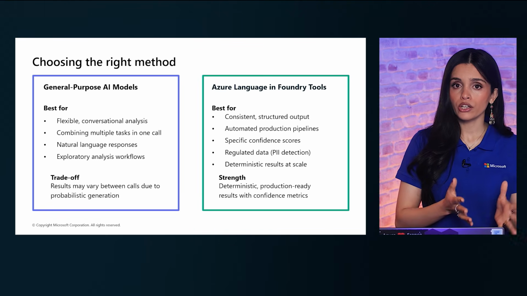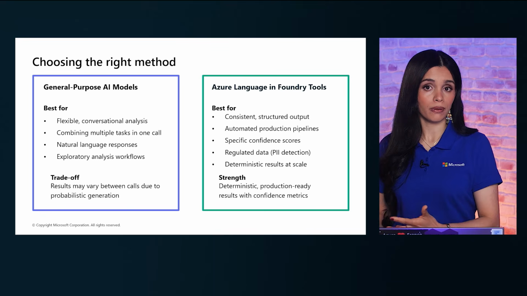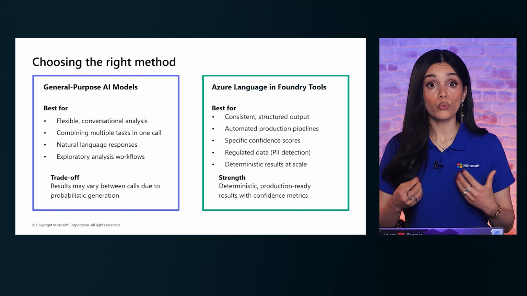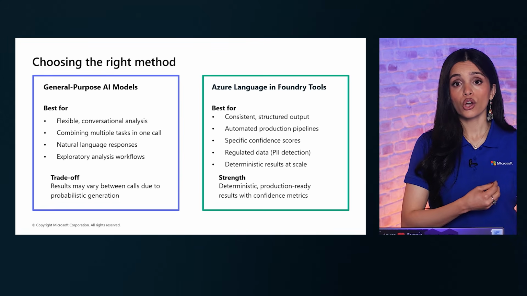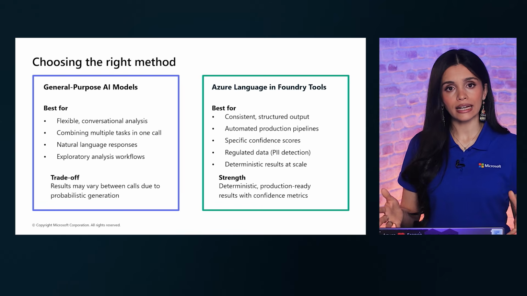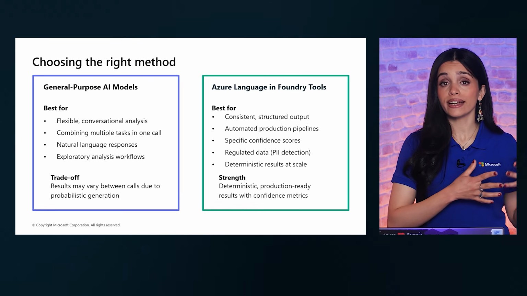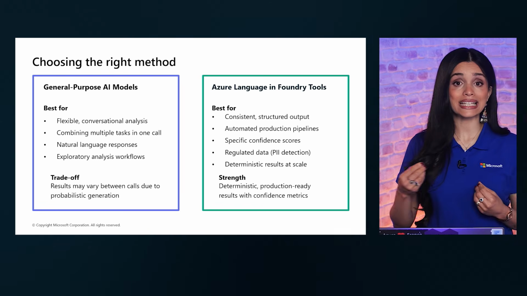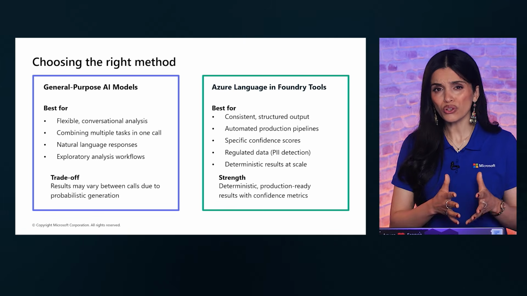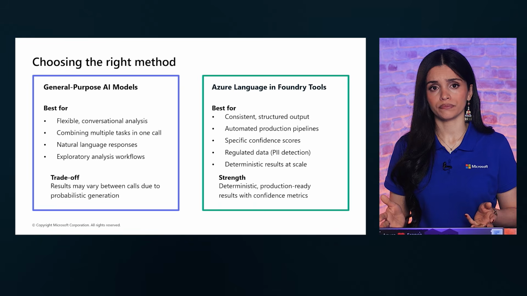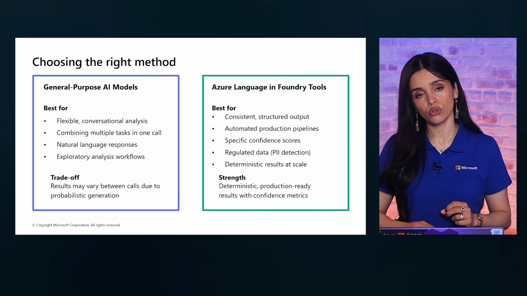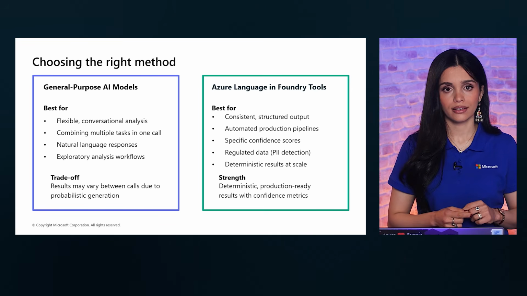You use them when you are building automated pipelines, working with regulated or sensitive data, or when your system depends on predictable results. For example, if you are scanning thousands of documents to detect personal data, redact sensitive information, or apply compliance rules, you don't want creative variation. You want precision. Azure Language Tools are built exactly for that.